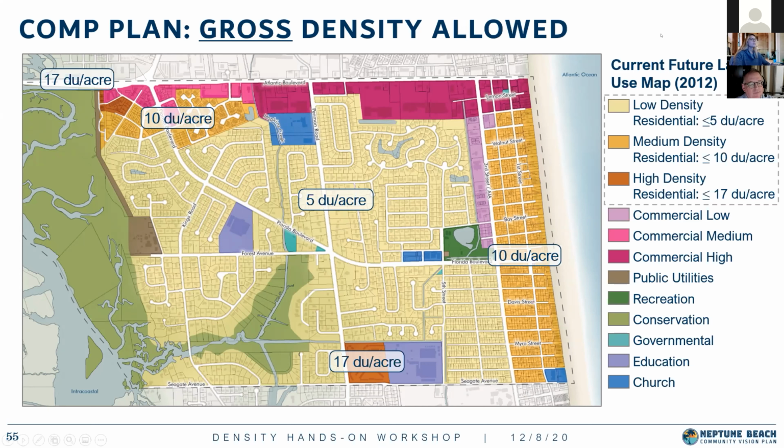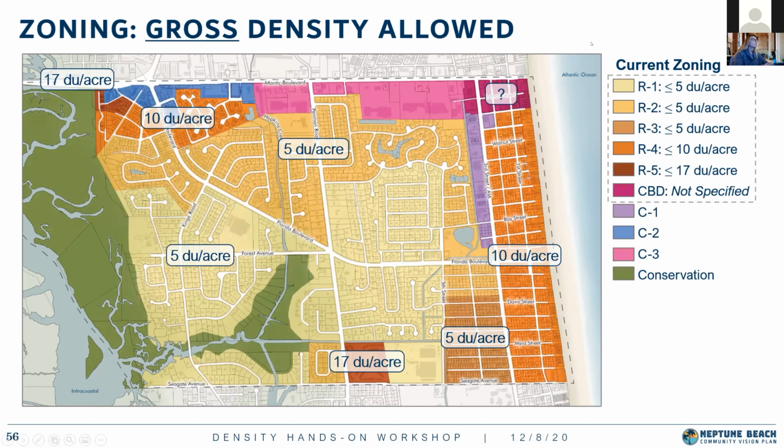So it is the comprehensive plan that sets the actual density maximums that are allowed. And I'll show the zoning map. This is the city's current zoning map, and it has those same density maximums that were set in the comprehensive plan, although it does break out into a couple of more fine-grained areas.